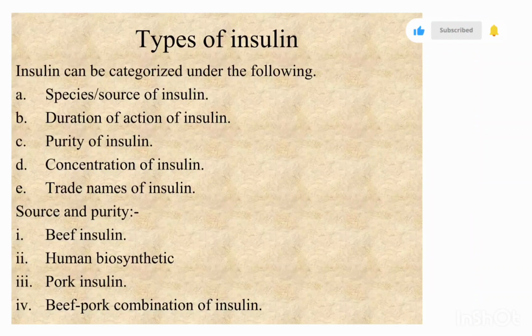Types of insulin. Insulin can be categorized under the following: species or source of insulin, duration of action of insulin, purity of insulin, concentration of insulin, and trade names of insulin. Source and purity means we have beef insulin, human biosynthetic, pork insulin, and beef-pork combination insulin. These are all under species or source of insulin.